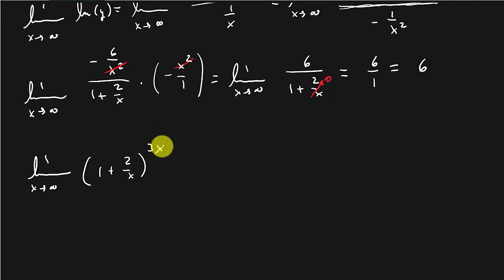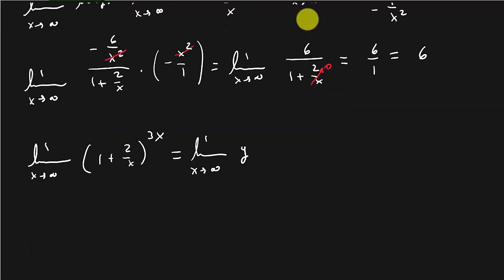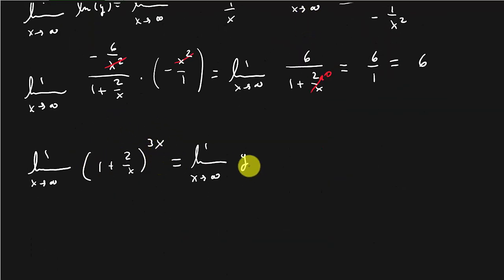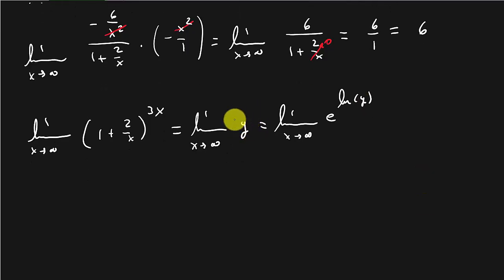So this is the same thing as the limit as x goes to infinity of y, because remember, I let y equal this. So all I did is I replaced this with y. And so this is going to be the limit as x goes to infinity of e to the natural log of y. I'm just rewriting the y as e to the natural log of y.